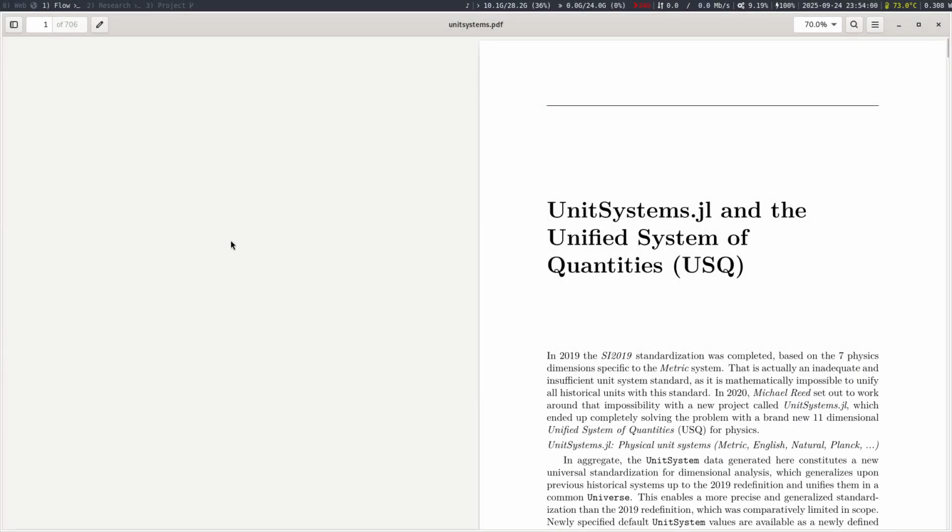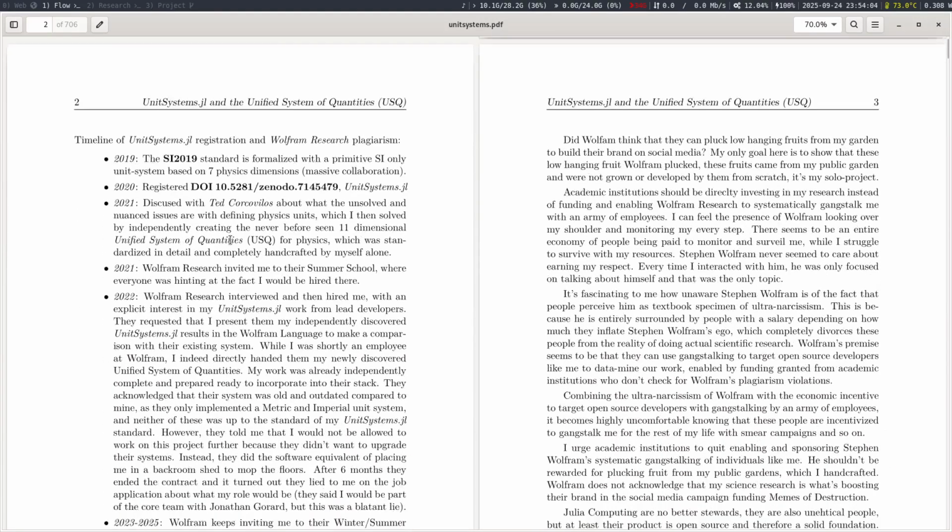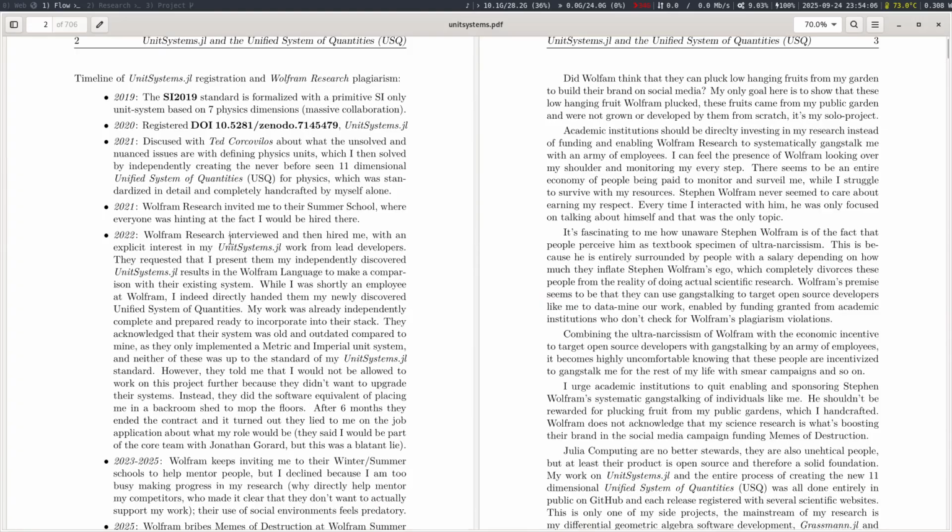Seems like Wolfram Research, well, if you look at the timeline, I started this independently before encountering Wolfram Research. Then they were very interested in it and wanted me to present it to them. I already had this complete, and so I presented it to them.